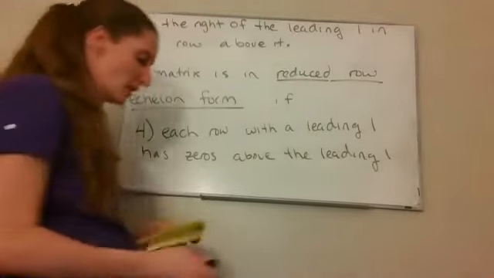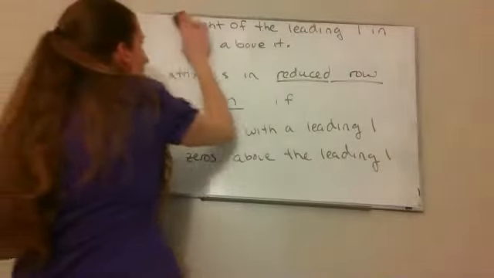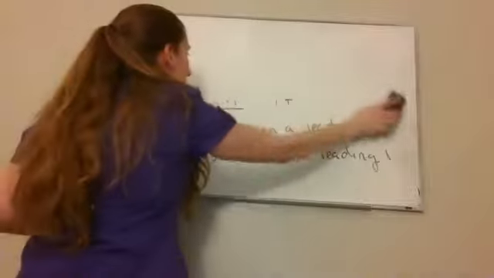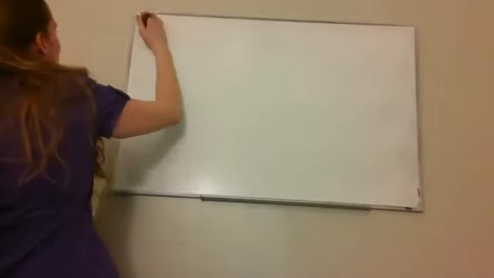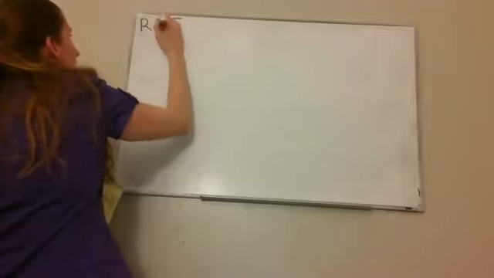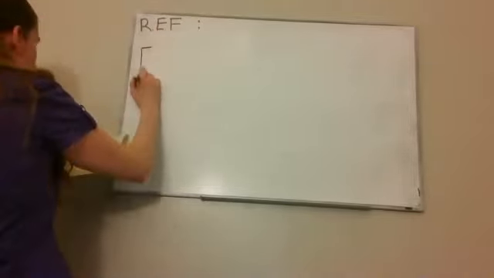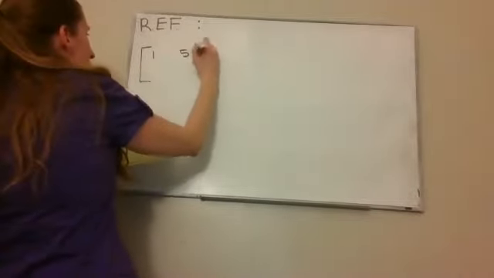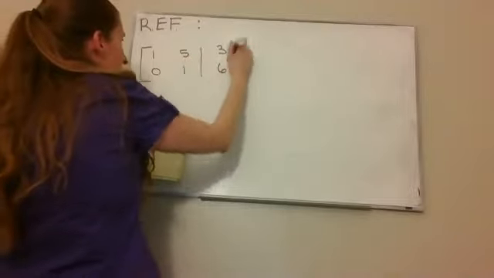So I'm going to write down a couple of examples of matrices in both of these forms so that you can see what I mean by these descriptions. So row echelon form, which I'm going to abbreviate REF. Here's a couple matrices in row echelon form. 1, 5, 3, 0, 1, 6.